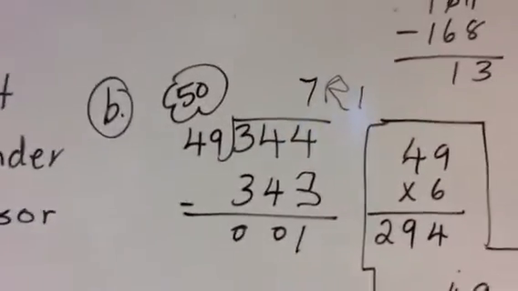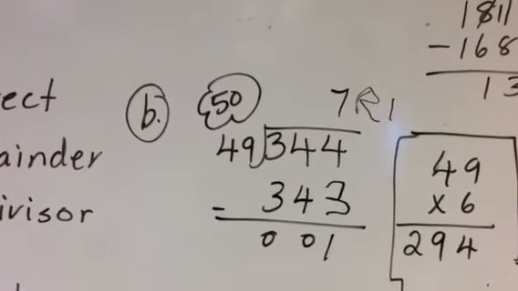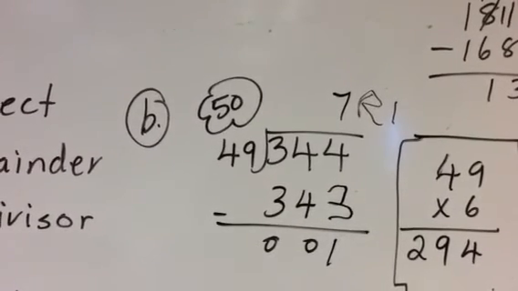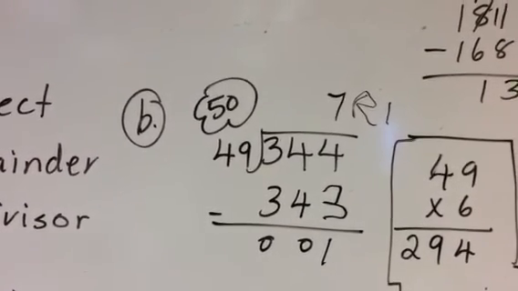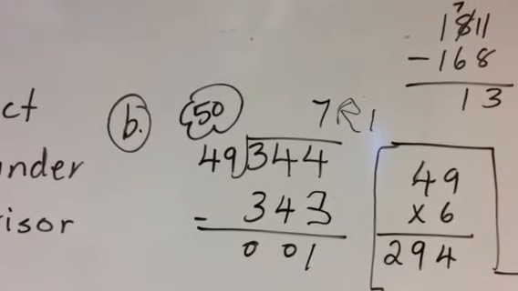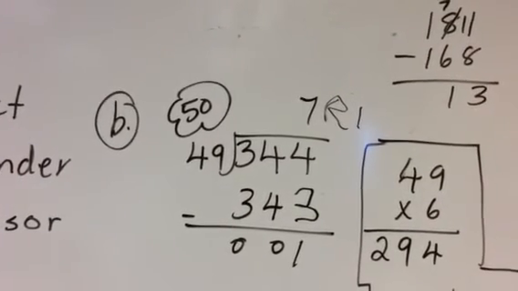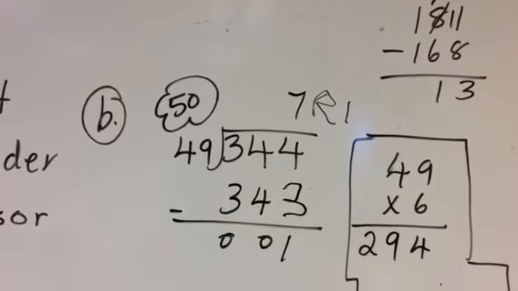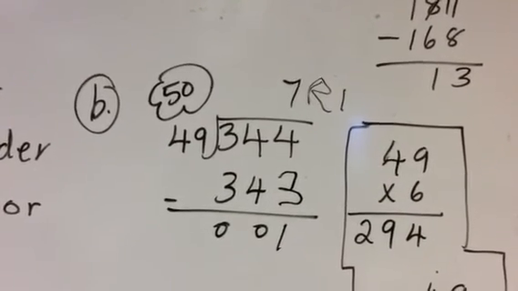So it goes 7 times. 7 times 9 is 63. 3 and 6, 7 times 4 is 28. 28 plus 6 is 34. And 344 minus 343, remainder 1.